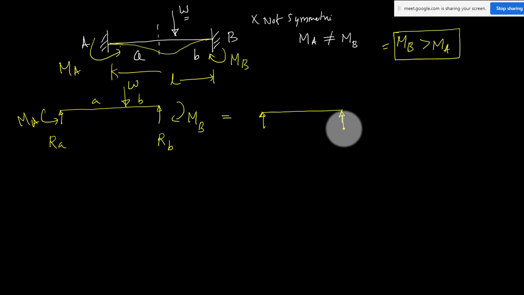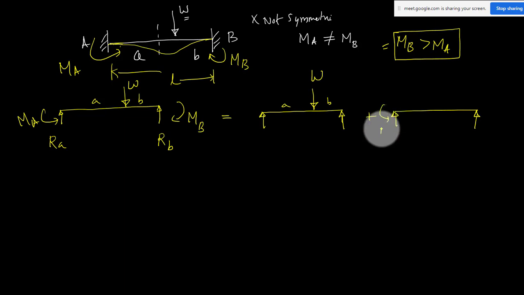On the first beam you apply only the external load, this is A and it is B, and on the second beam you apply MA, MB.